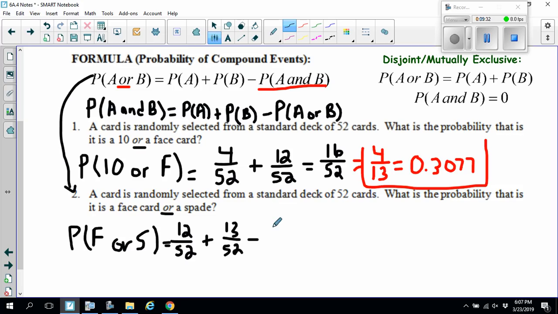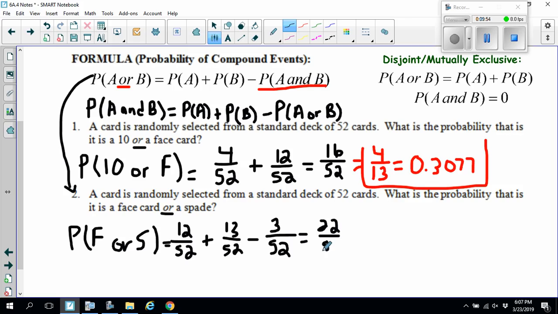That means 3 of them are face cards and spades. So we subtract 3 over 52. Then we add and subtract our numerators, so we do 12 plus 13 minus 3, which gives us 22 over 52.